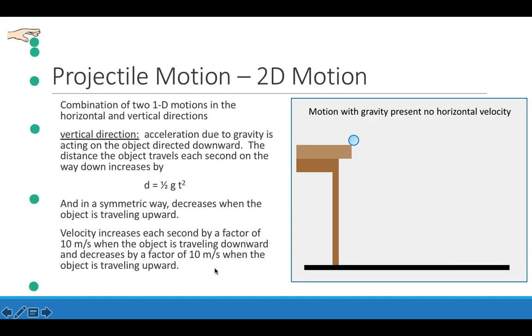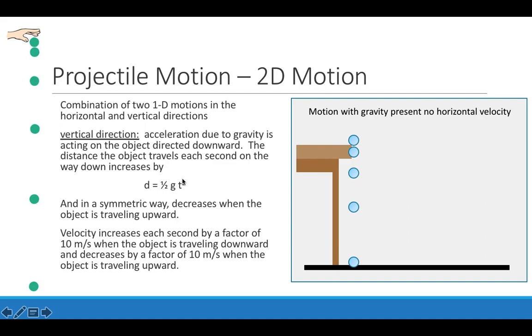On the other hand, if you look at vertical motion and you have an object and you release it, so I have a hand up here and then I'm going to release that object, as it falls, it speeds up, it covers more distance every second. If I did the same thing here where there's motion with gravity present, but there's no horizontal velocity, it's just released, we can look at how the object would continue to increase speed and would cover more distance.